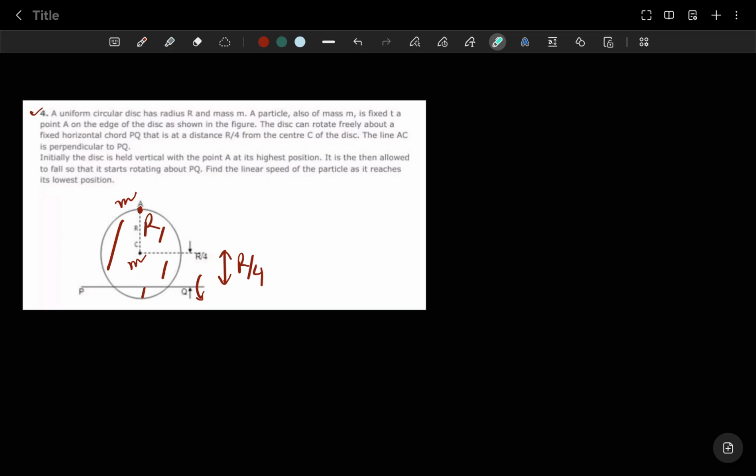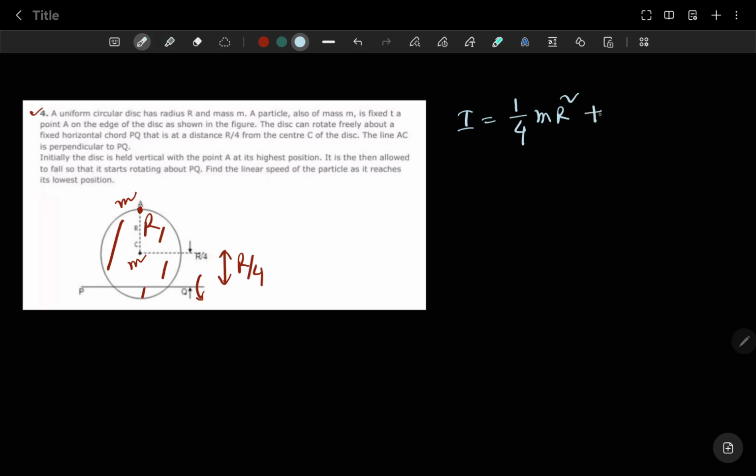We have to use the conservation of mechanical energy, but before that we must calculate the moment of inertia of the system. It will be interesting to calculate. So we know that the moment of inertia of the disk about the diametrical axis is 1/4 mr square, but we have to calculate it with respect to this chord.